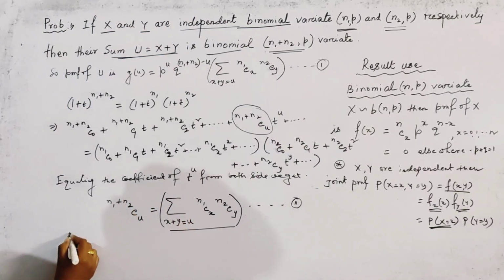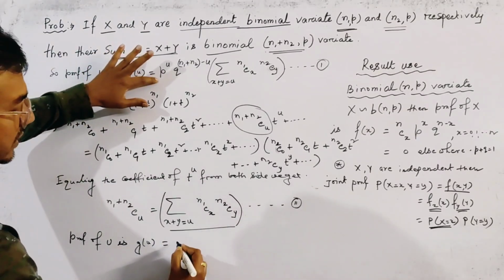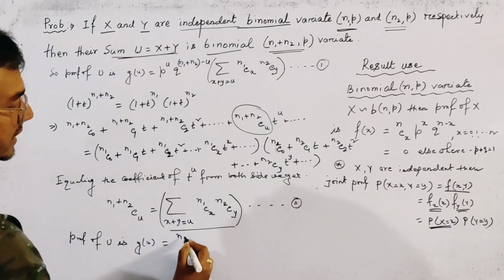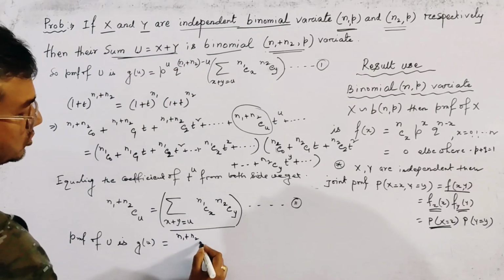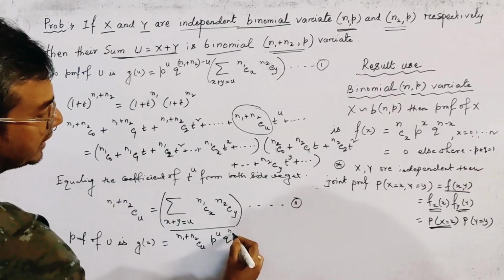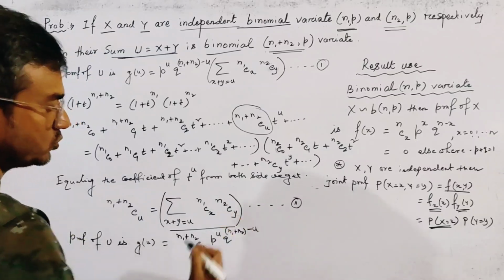So the PMF of u is given by g(u), which can be written in the form n1 plus n2 cu, p to the power u, q to the power n1 plus n2 minus u.